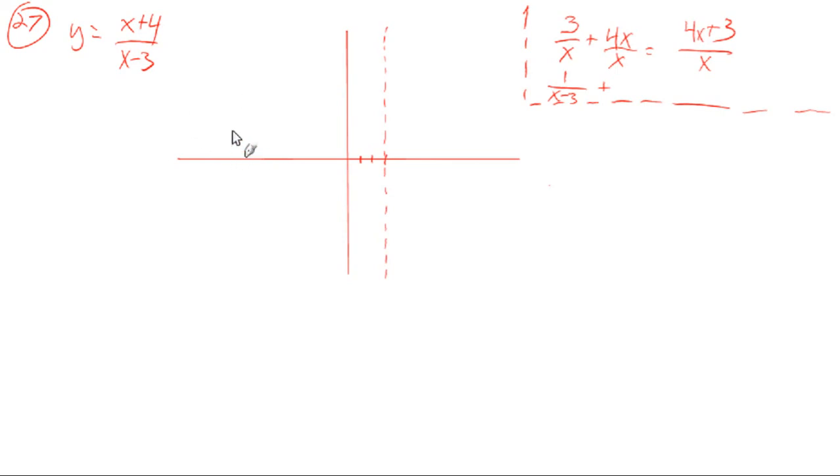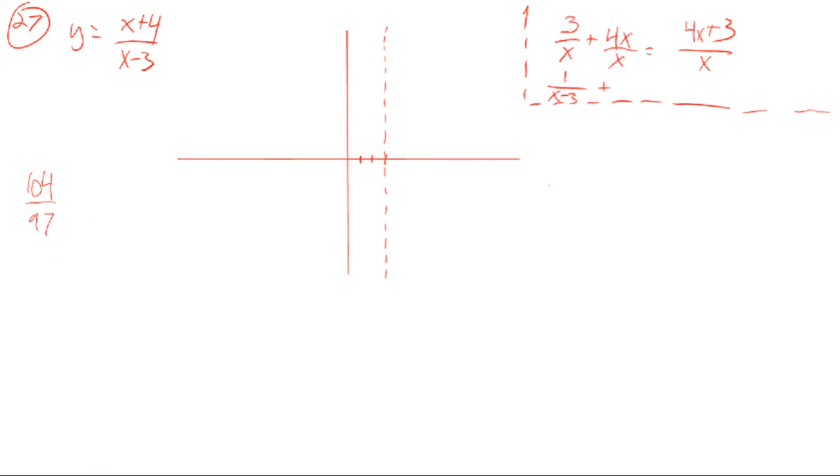And remember that horizontal asymptote, that's the value that the graph approaches but never quite gets to. So let's think about what number this fraction would approach if we keep putting really big numbers in for x. Okay, so let's put in 100 for x. We get 104 over 97.